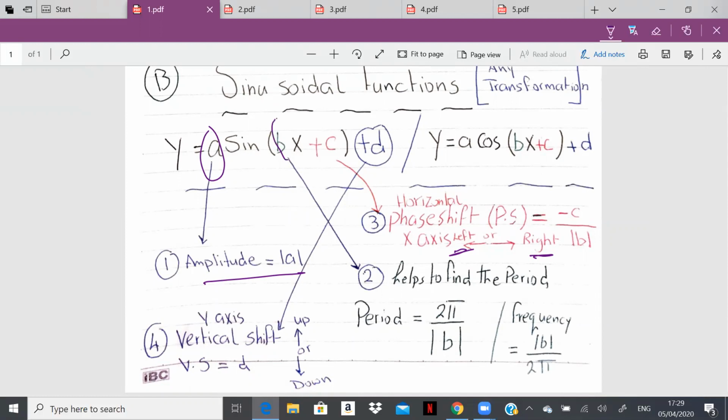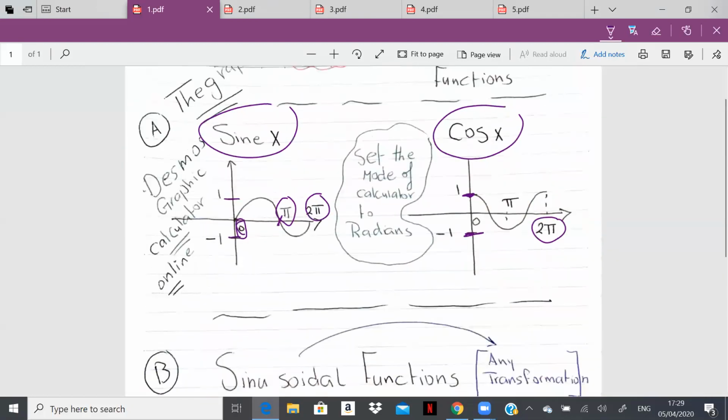B helps to find the period. What is the period? When you are graphing, starting from 0, 0, the whole wave is called the period. What is the frequency?